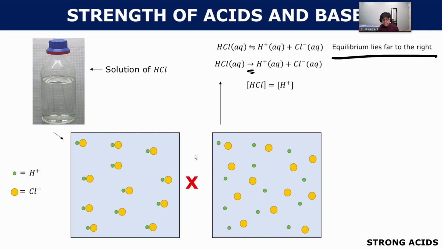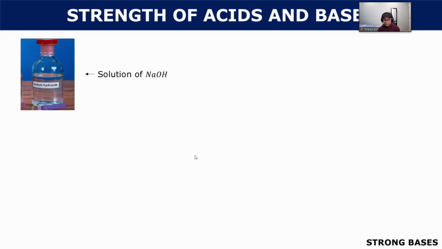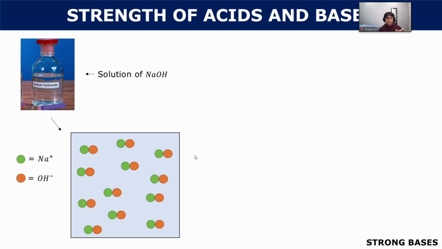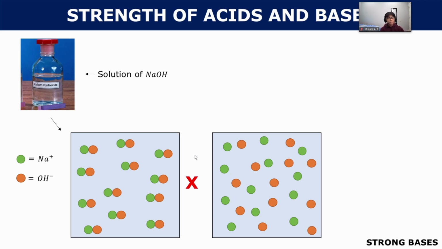And so that means in strong acids and bases, the concentration of your acid is going to be the concentration of your H plus ions. We'll see how that changes a little bit in bases, but it's essentially the same idea. Let's say you have a strong base, NaOH, sodium hydroxide. Again, you might expect them to be in molecules, but as you can guess, they're not going to be. They're going to be dissociated because they are strong bases.